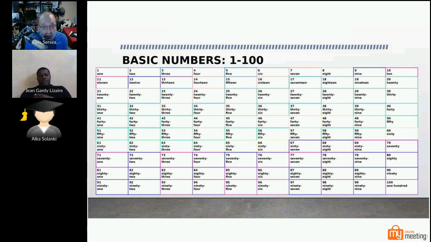Let's see here. We have one. I hope you can see it. 1, one, 2, two, 3, three. Okay, so think of 3 like there's air going along your tongue like this. Th, th, 3, three.